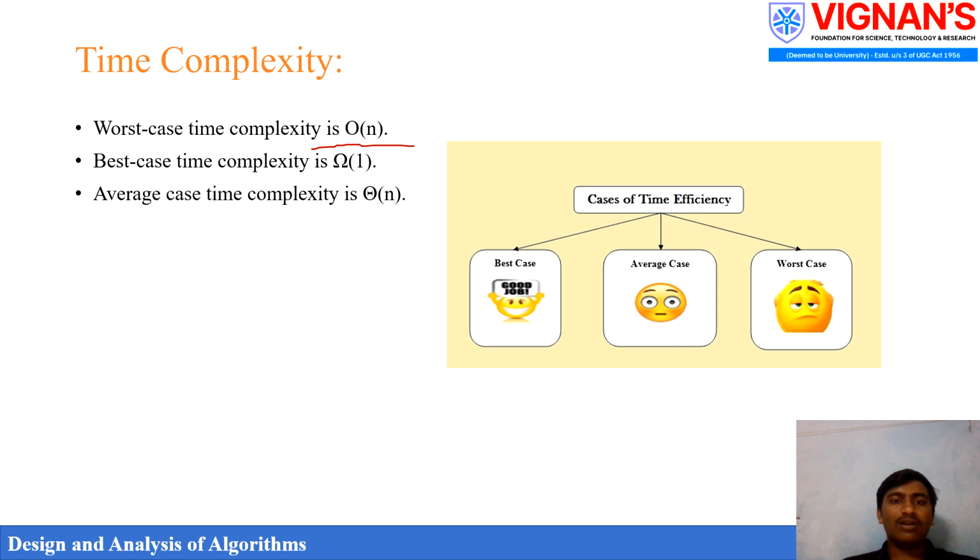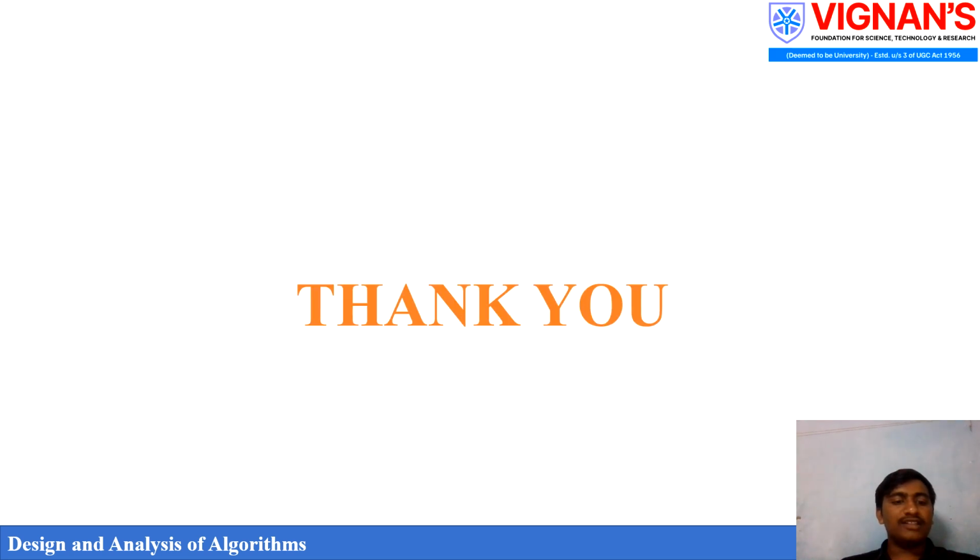The best case time complexity is omega of 1 when the element is found at the first position. The average case time complexity is theta of n. Thus, asymptotic notations help us analyze and compare algorithms efficiently by focusing on their growth rate.